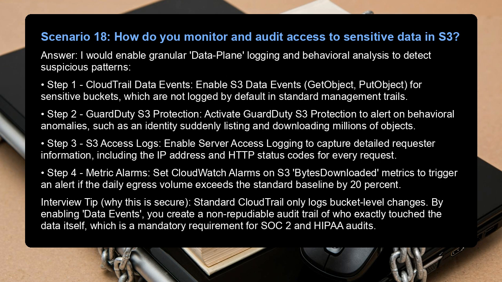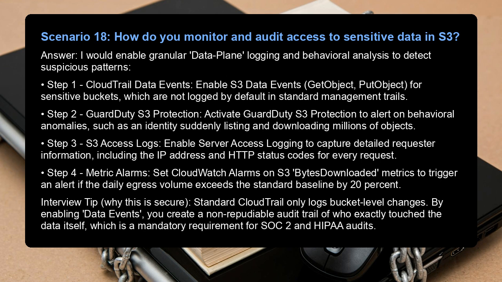Step 1. CloudTrail data events. Enable S3 data events, GetObject, PutObject, for sensitive buckets, which are not logged by default in standard management trails. Step 2. GuardDuty S3 protection. Activate GuardDuty S3 protection to alert on behavioral anomalies, such as an identity suddenly listing and downloading millions of objects.